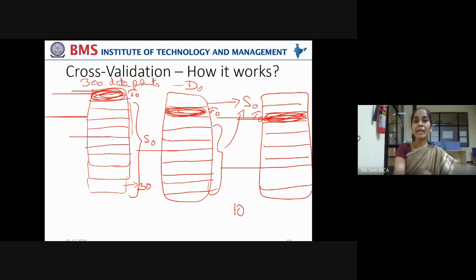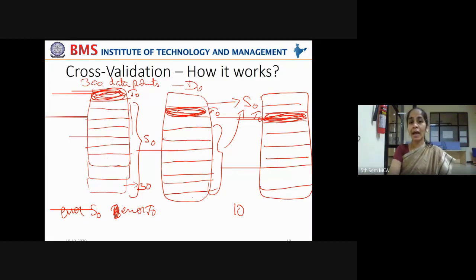Now each iteration will give you a training set error and a test set error: the error associated with S naught, and the error associated with T naught. Again in the second iteration, you will get a training set error and test set error, and again in the third iteration.